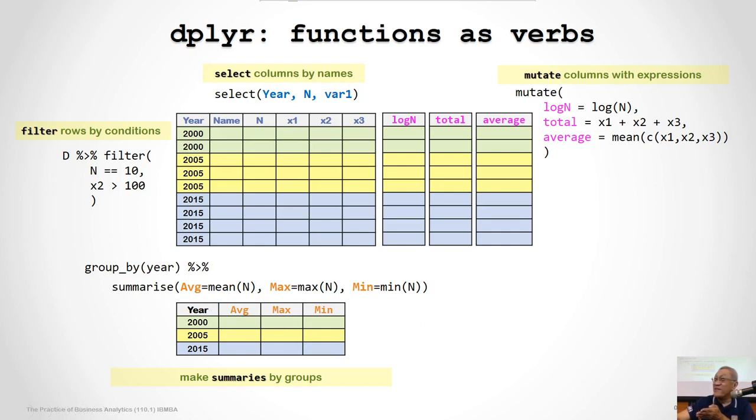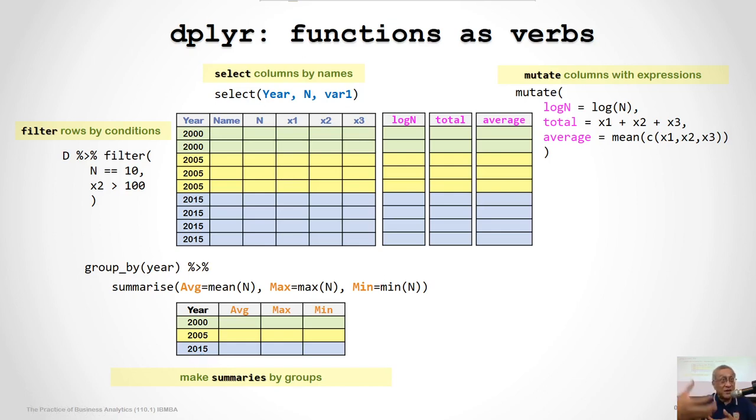In this function call, I create three summary variables: average, maximum, minimum. So every row has an average, maximum, minimum. This is the average, maximum, minimum of 2000, this is for 2005, and that is for 2015.